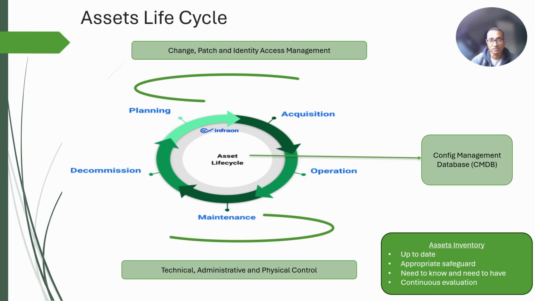Now we have already established in the previous video the definition of an asset, what an asset is and how it relates to the organization or the business that it is serving, the purpose of that particular organization or business. It is also important to make an asset inventory so we know what we have and where it is.